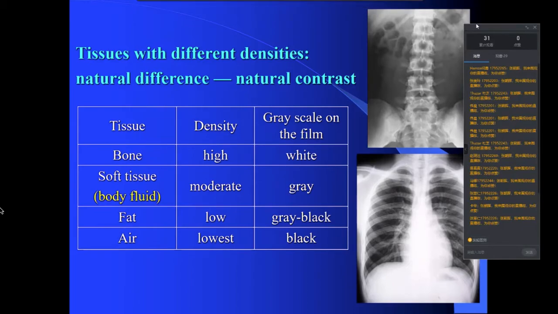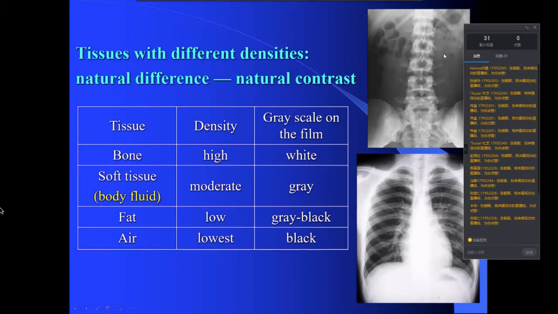The psoas muscles appear gray. Can you find the bilateral psoas muscles? They are triangular in shape and just adjacent to the lumbar spine. Here, a psoas muscle.